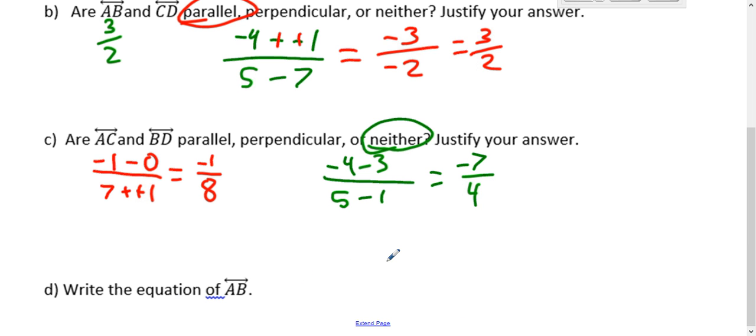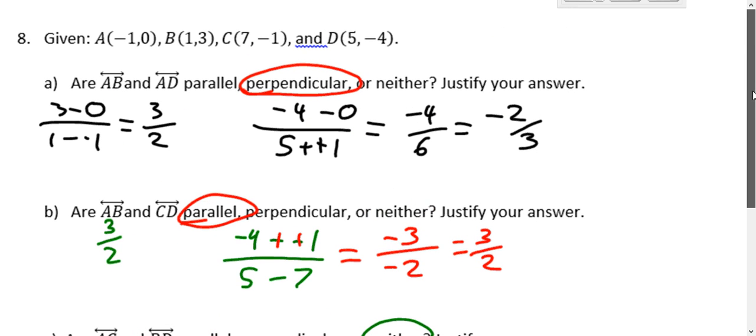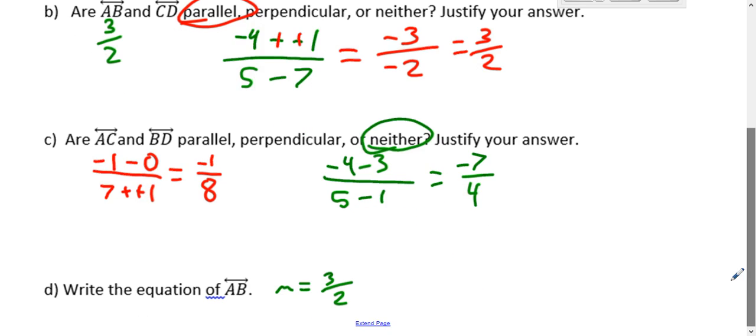And to write the equation of line AB, we need the slope of AB, which we've used before. It's 3/2. And then we need either point. Let's take point A, which is negative 1, 0.